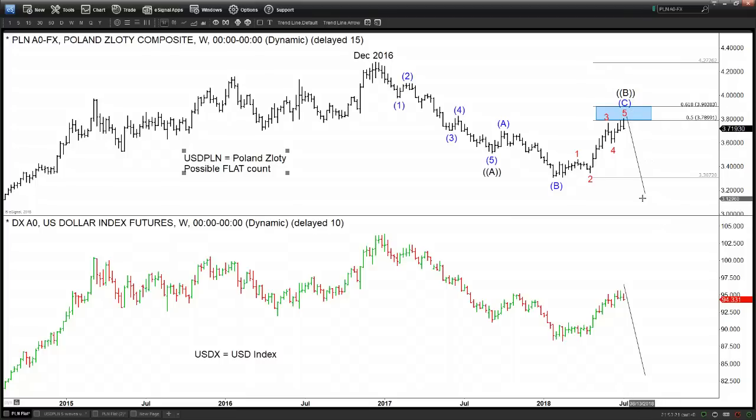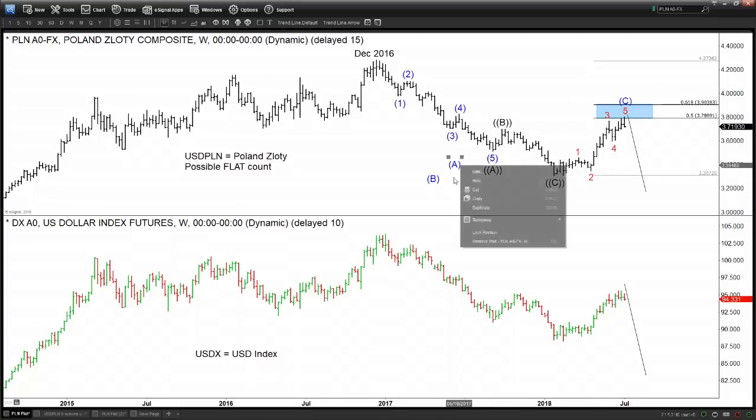And if that is going to happen, that means the dollar index, which is positively correlated with the PLN, can also extend lower to the downside, like what we see here. So another interpretation is that we can call this ABC, ending here, and let's say we ended some sort of a larger degree with W here.